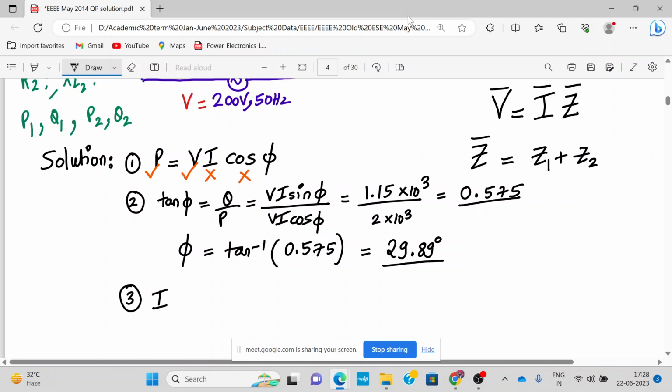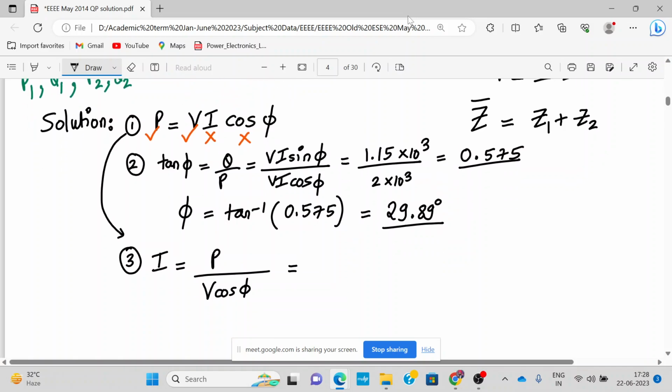Can we write I is equal to P upon V cos phi from here only? What is P given by? 2 into 10 raised to 3. What is V? V is 200 given to you, and cos of 29.89. So this will give you the value of current flowing in the circuit.